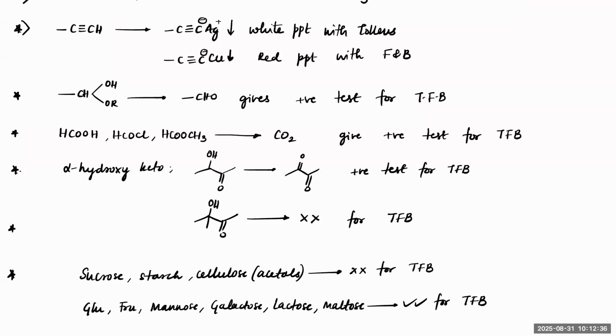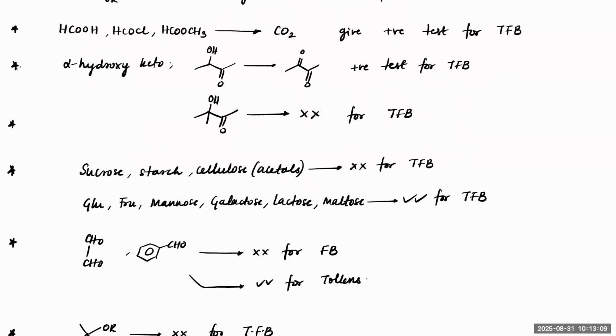Next, if you have formic acid, formyl chloride, or a formic ester, in all of these, as long as this hydrogen is present, they can be further oxidized to carbon dioxide. Therefore, they will give a positive test with Tollens, Fehling's and Benedict. Clear, girls? These three will also give a positive test.